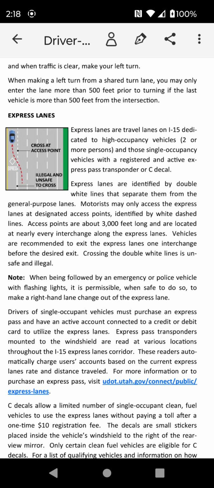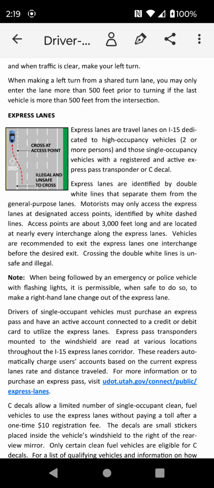Vehicles are recommended to exit the express lanes one interchange before the desired exit. So if your exit's coming up, like two exits away, you can hop out of that lane and ease your way over, and then you're good to go. But as soon as that lane closes, it's right before the intersection, and you'll miss it. It hits us every time.